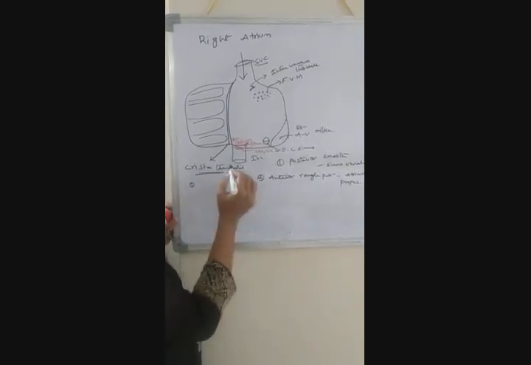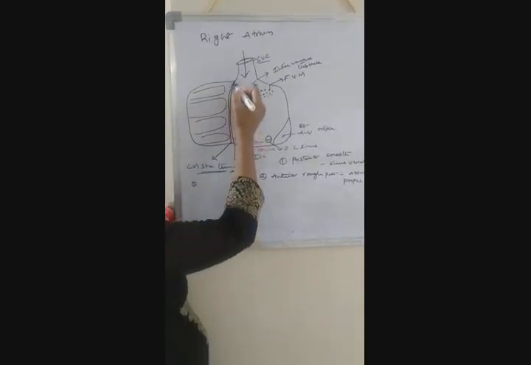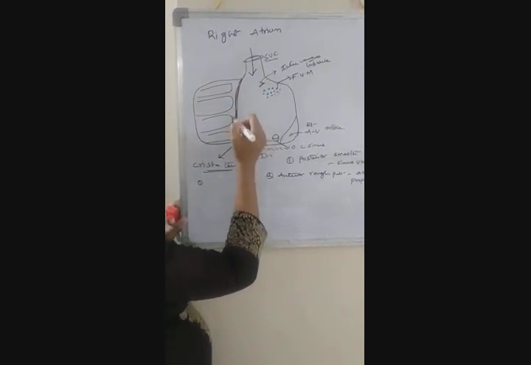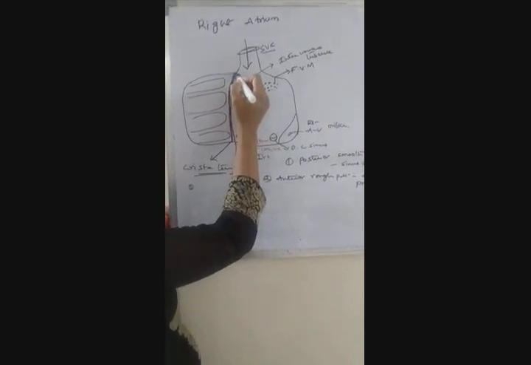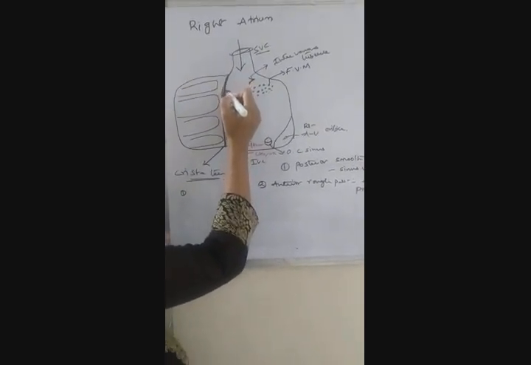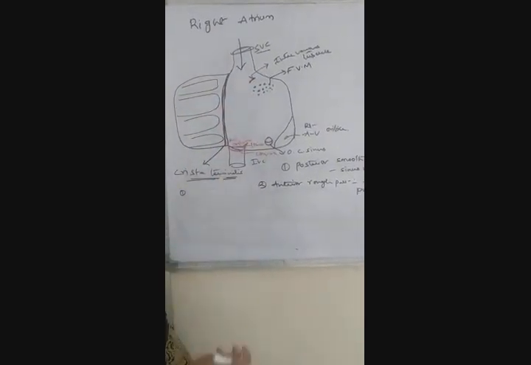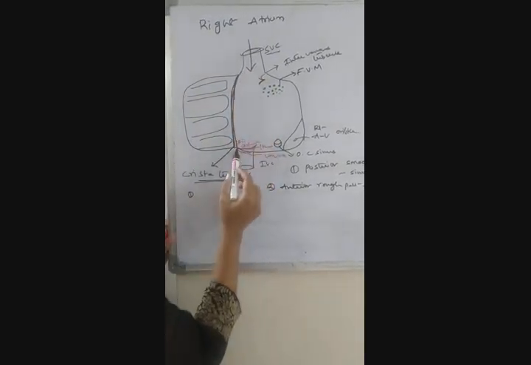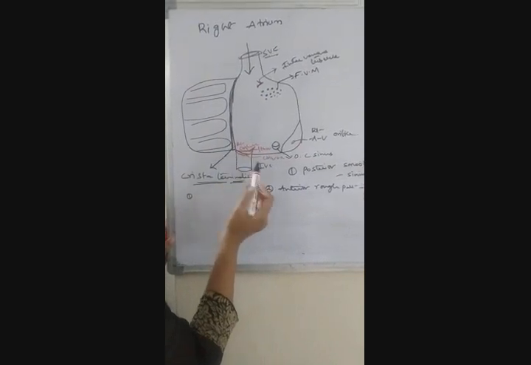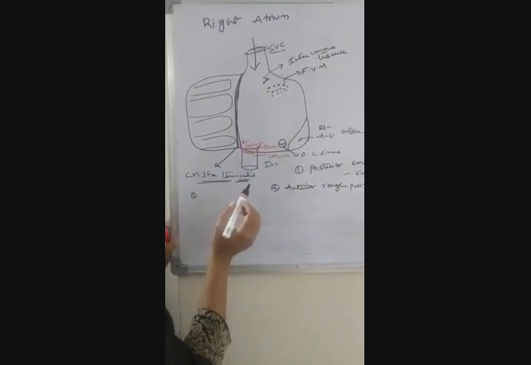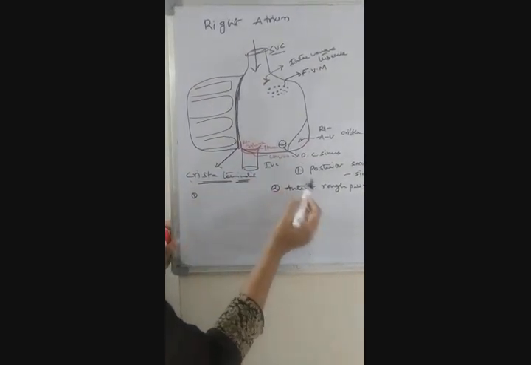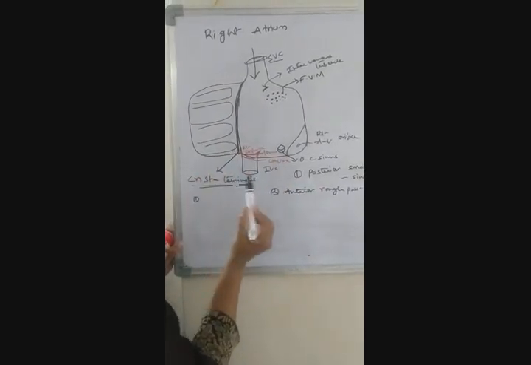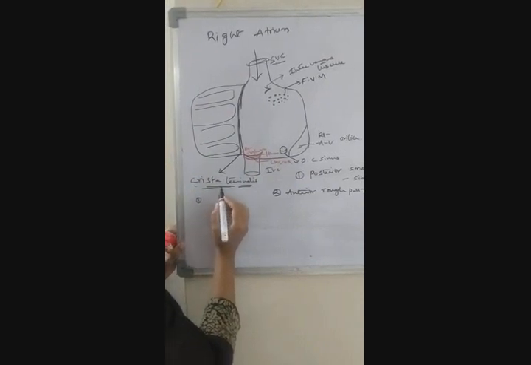The crista terminalis is a muscular ridge which is present along the whole of the interior of the right border of the heart. It extends from the orifice of the superior vena cava to the orifice of the inferior vena cava. So this crista terminalis divides the interior of the right atrium into posterior smooth part and anterior rough part.